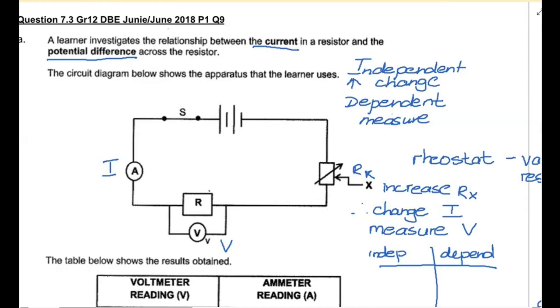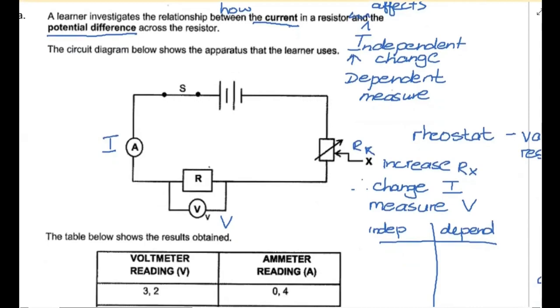So a better statement here as well would have been, investigates how the current in a resistor affects the potential difference. Then you would have clearly seen that current is the independent, because someone's saying, how does current change or affect potential difference? So even that first statement was a little bit vague.